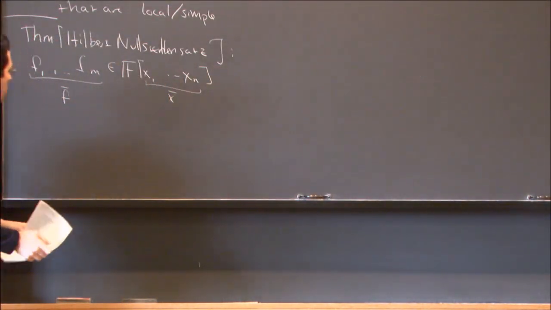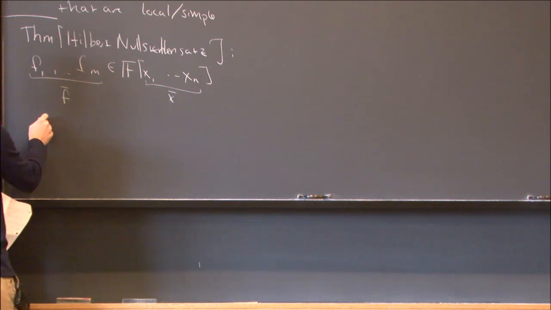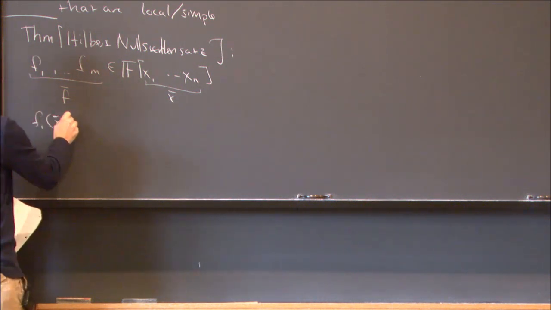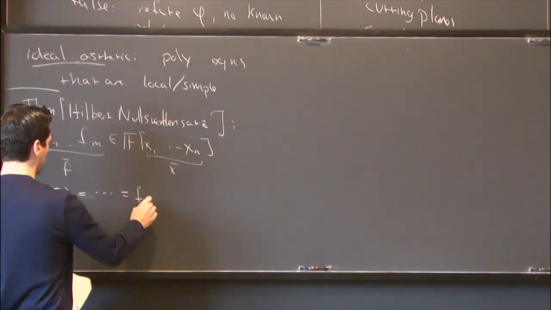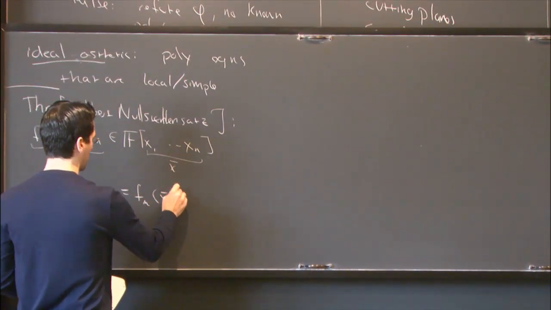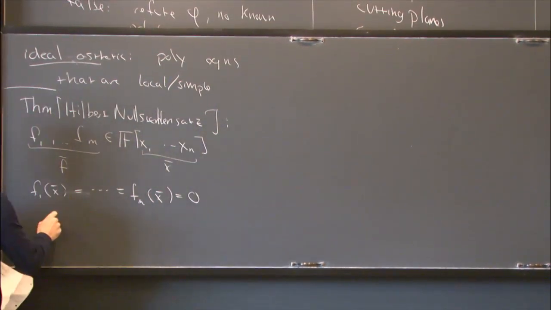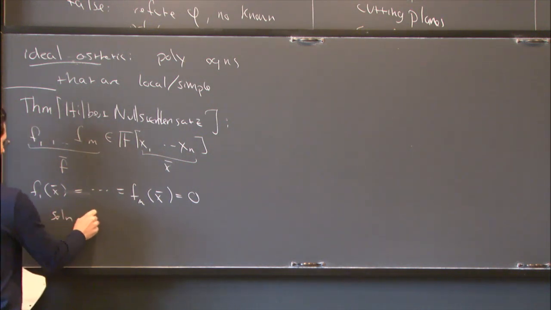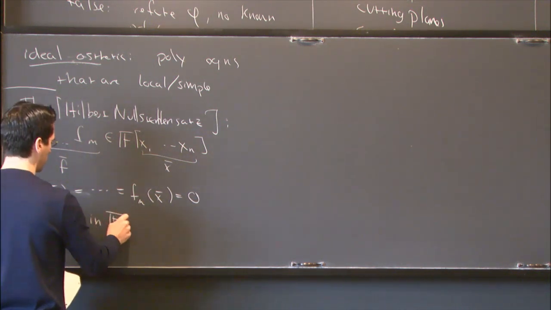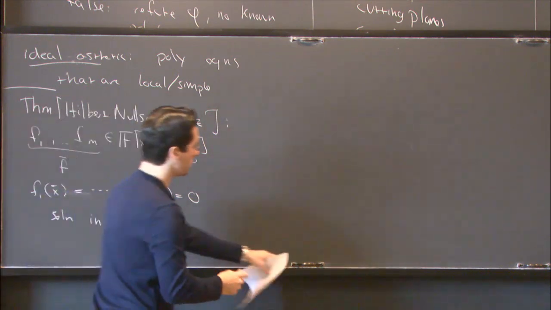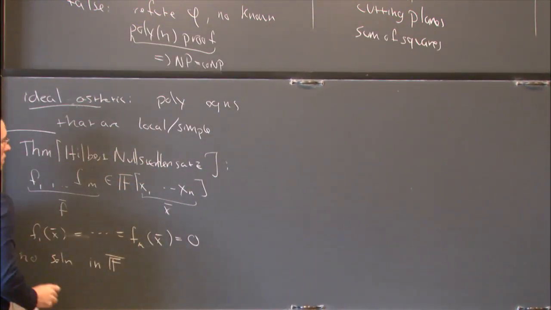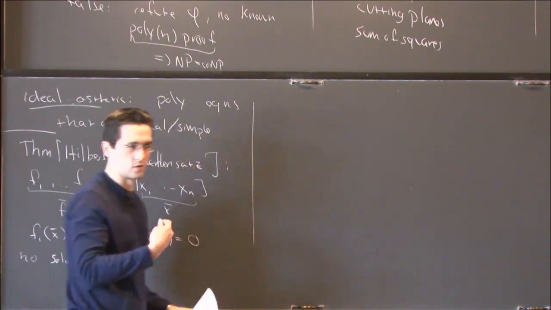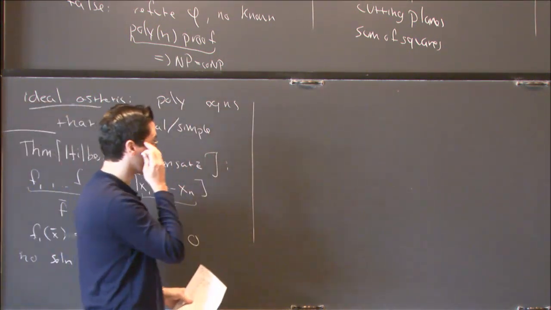And what the Nullstellensatz says is that f1 of x through fm of x, set all to 0, has a common solution in the algebraic closure if and only if there's no certificate, no proof that there's no solution.